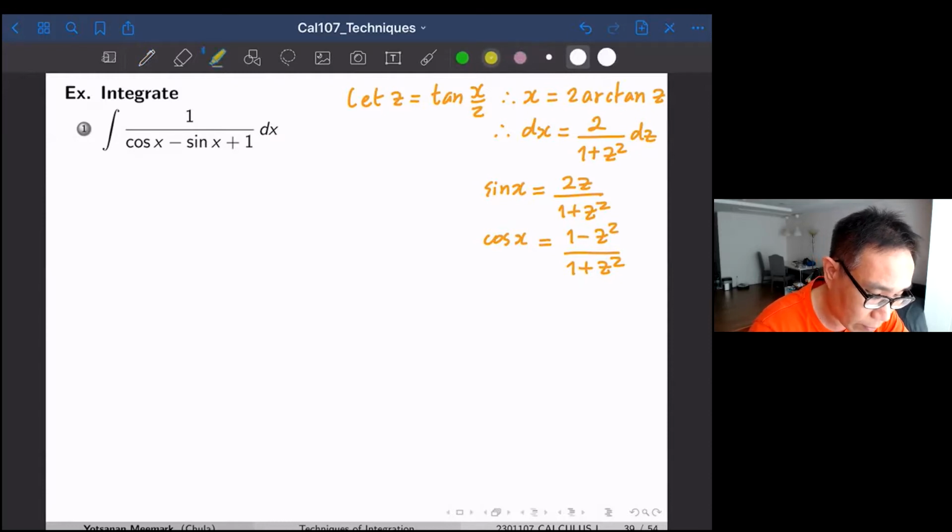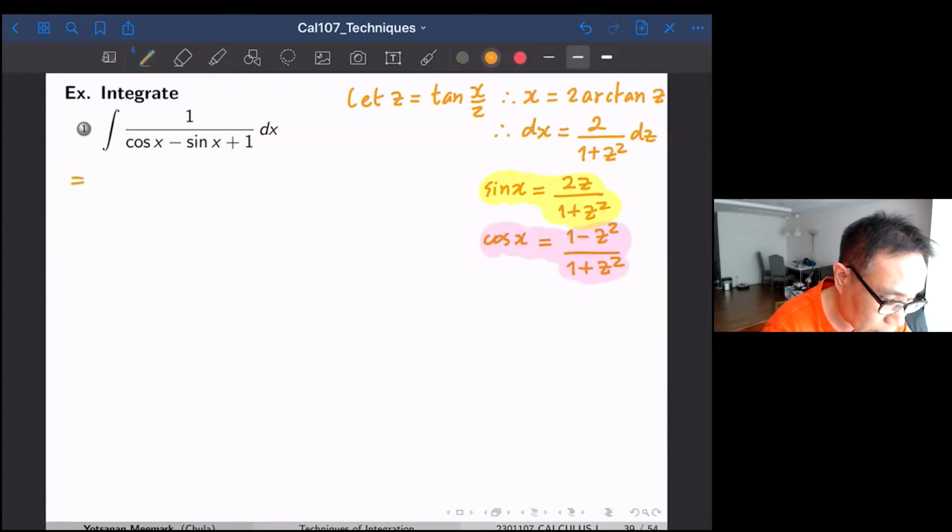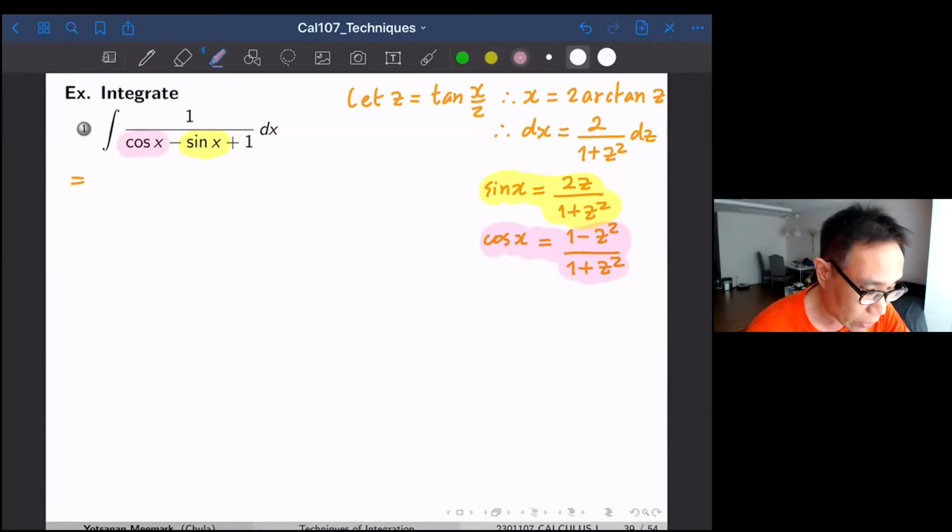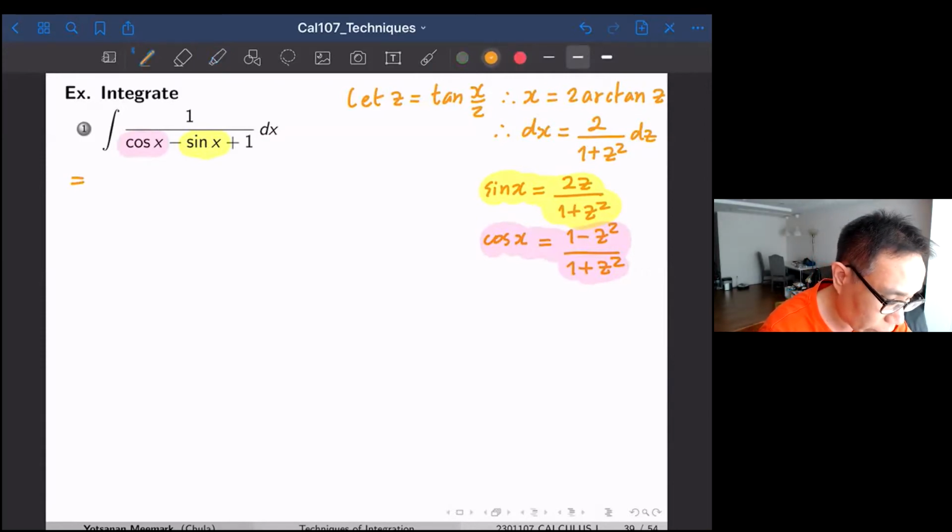So you have sine x given by this one, which is the yellow, and cos x given by this one, which is the pink.